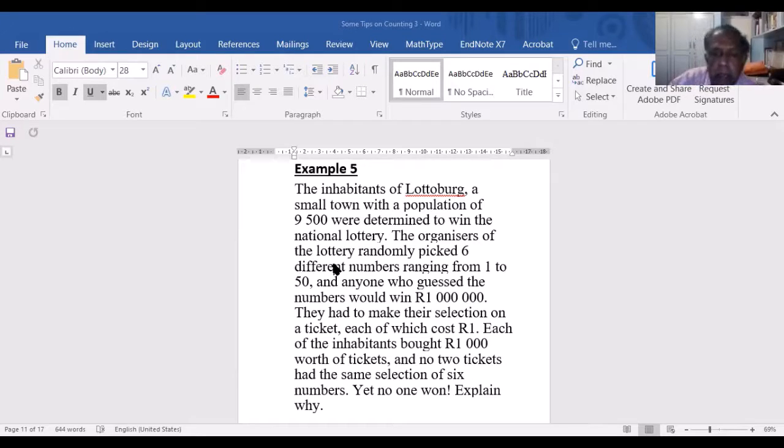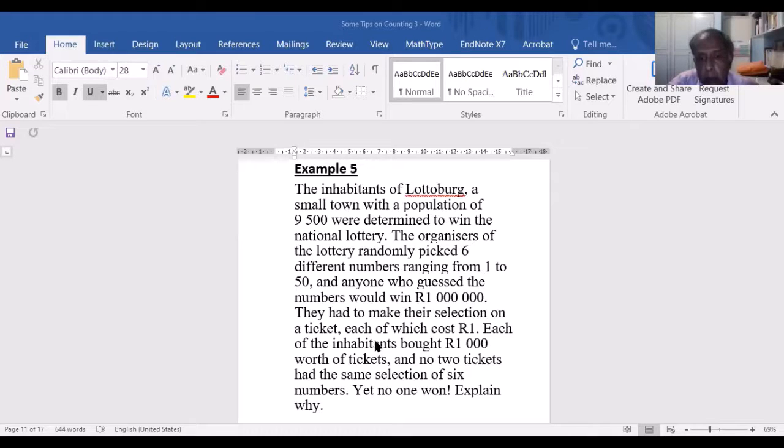Now each of the inhabitants was determined to win the lottery, you see. So they said, look, we're going to buy a lot of tickets, right? And we're quite prepared to invest a large sum because we want to be guaranteed of winning. Somebody here in our town should win, right? So what they did was, each one bought 1,000 rands worth of tickets. So they had 1,000 different choices. And each of the 9,500 people did this.